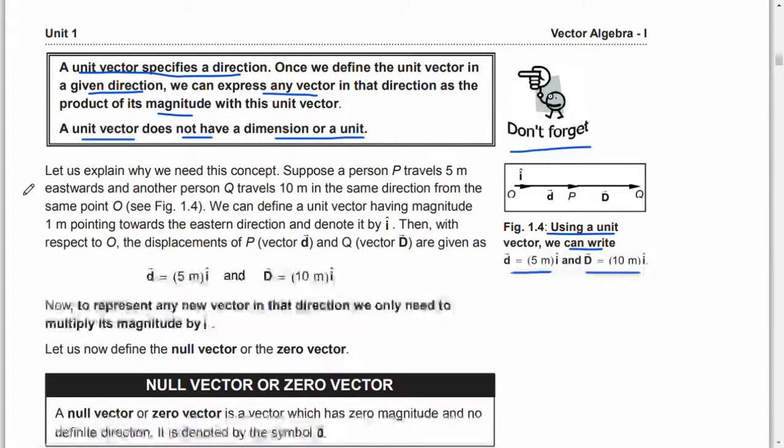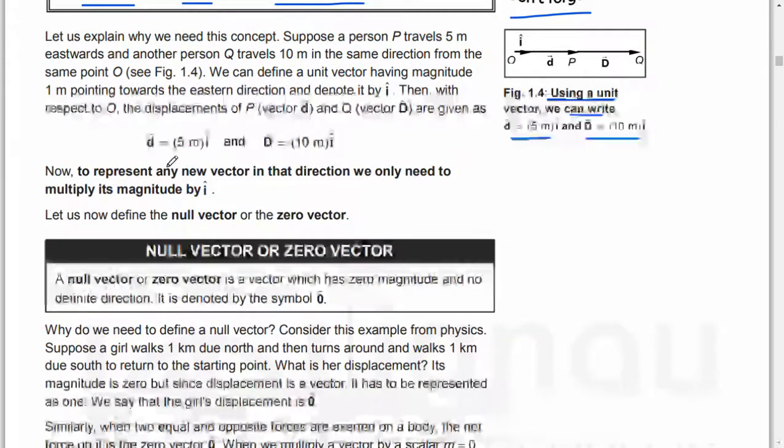Then with respect to O, the displacements of P and Q are given as d vector equal to 5 m i cap and d vector equal to 10 m i cap. Now to represent any new vector in that direction, we only need to multiply its magnitude by i cap.